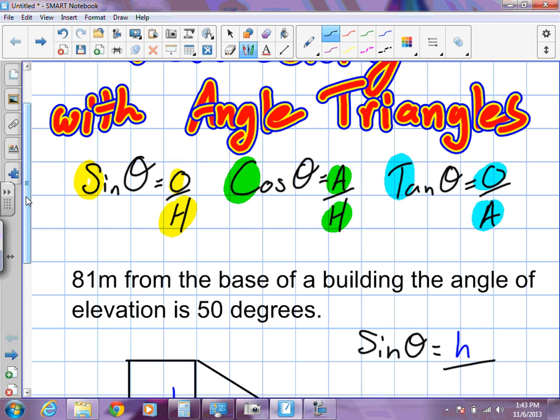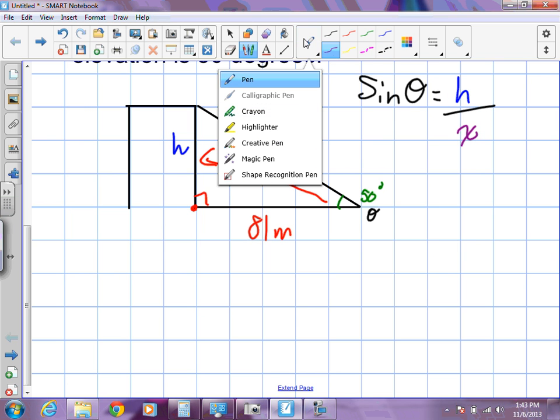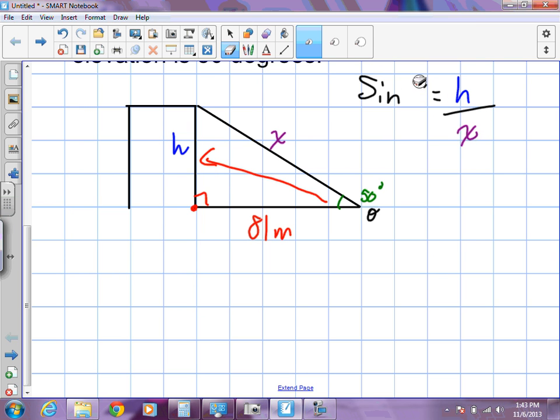Opposite over hypotenuse. Do we know how long the hypotenuse is? No, we'll call it x. So the information we can fill in is theta. We know it's 50 degrees. Do we know h or x? No. I don't have enough information to solve this using sine. I have two variables. I need at least one other piece of information to do this.